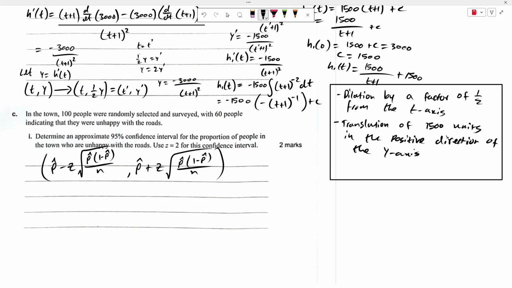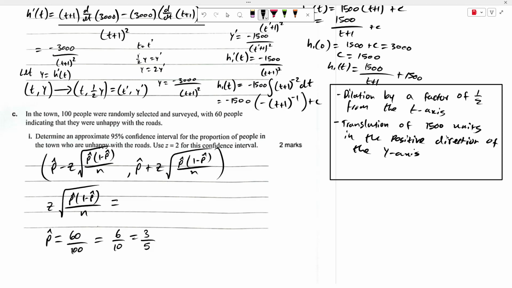So first, let's find z times the square root of p hat (1 minus p hat) over n. And to do that, we need to find p hat first. That's going to be the number of observations divided by the total number of people sampled. That's going to be 60 over 100, which is 6 over 10, which is 3 over 5.